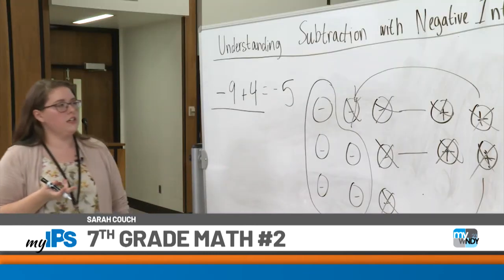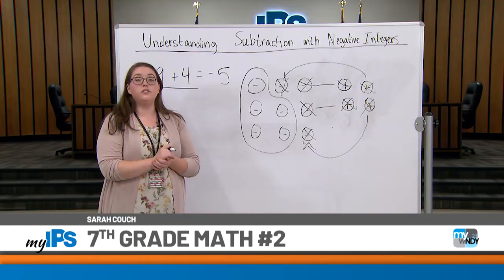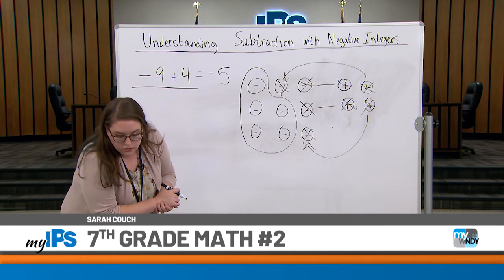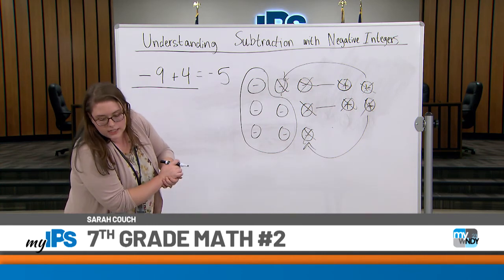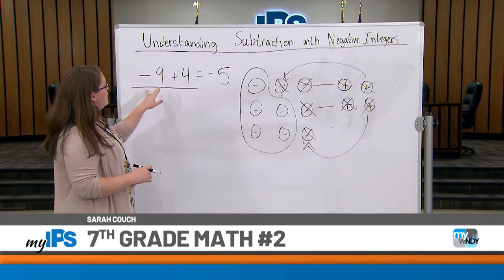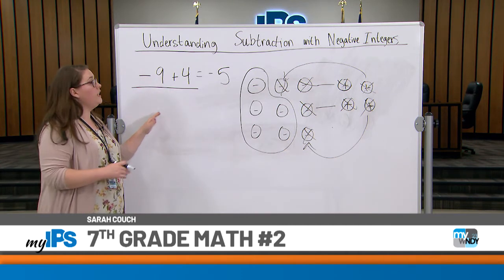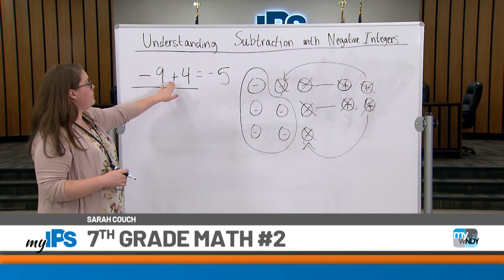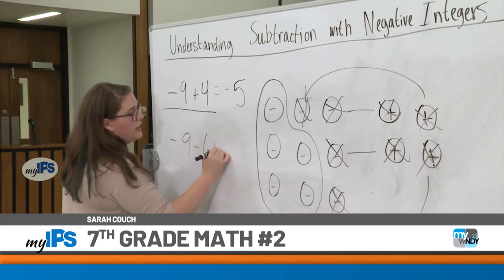Now that's interesting because that looks just like our answer from the prior one. So when it asks us how do the 2 integer chip models show that -9 minus -4 is the same as -9 plus 4, we need to think about 2 things. We need to think about our starting point. They both started at -9, right? Now the difference is that we added a +4, and then on the other one we subtracted a -4.